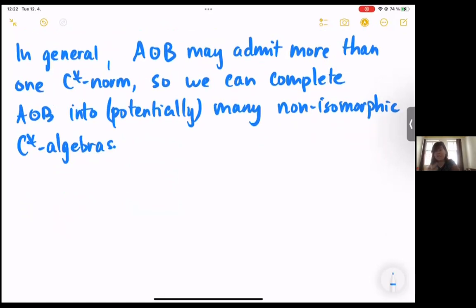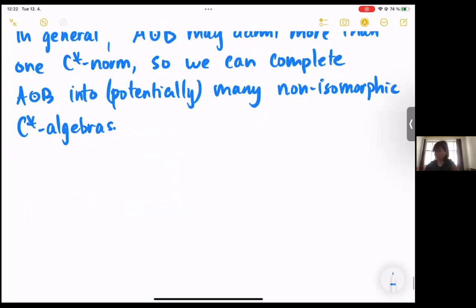However, these norms will all have certain commonalities, which we will see here.